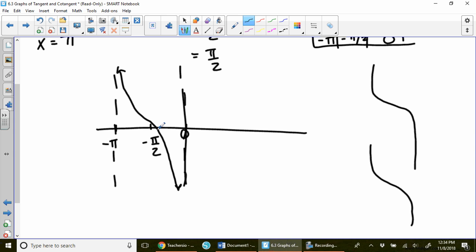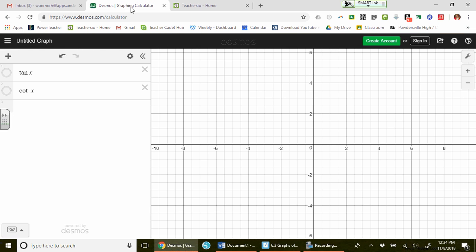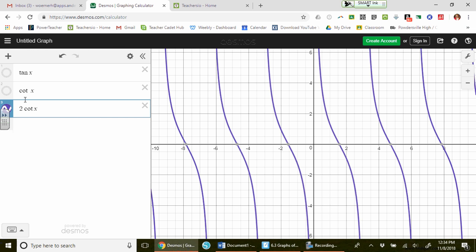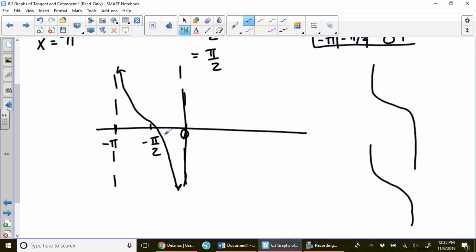Like if you were to actually look at the graph of them, so let's look at cotangent and 2 cotangent. There's 2 cotangent, there's 1 cotangent, so it's just a tiny bit steeper, but by graphing by hand, we aren't going to be able to see that very much. So if you can, make it a little bit less flat than a normal cotangent, but like I said, you're not going to see it very much. And that should go through the x-axis right there, okay?